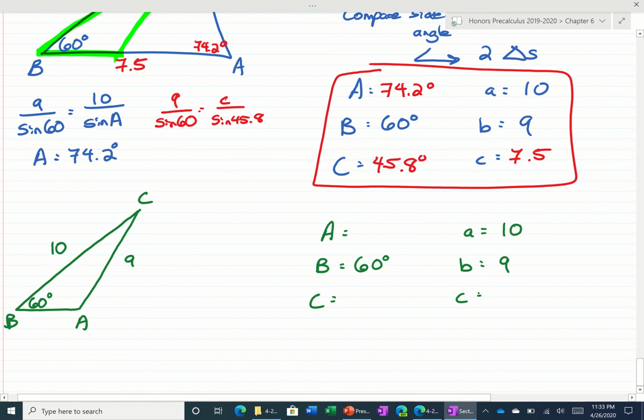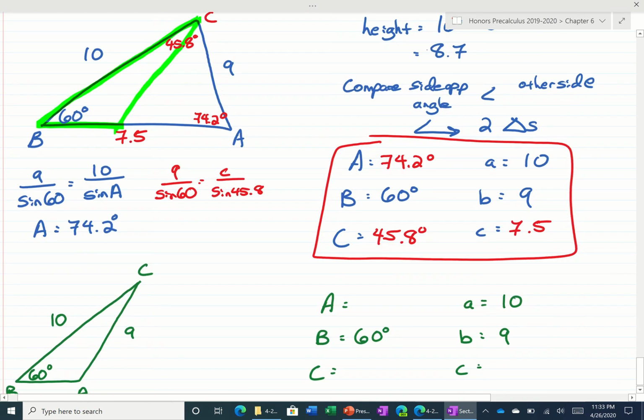Now we could use the first triangle to solve this. So we know that if this side's also 9, it's the same side, we just drew it a little bit differently, then this angle is the same angle as this, 74.2.